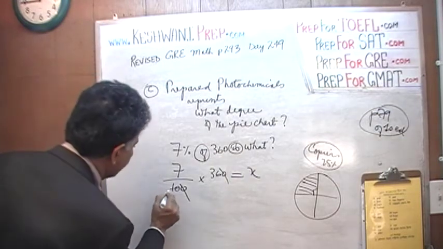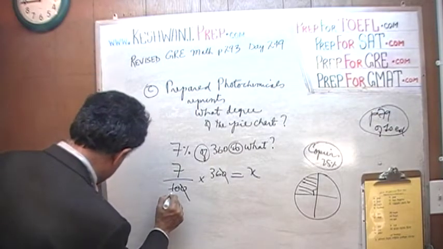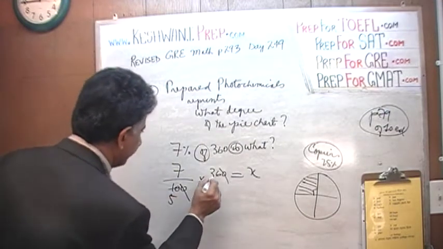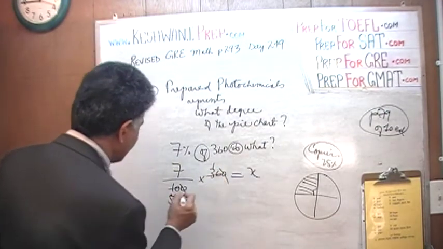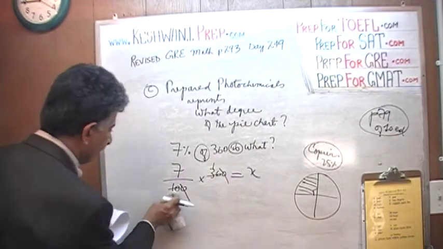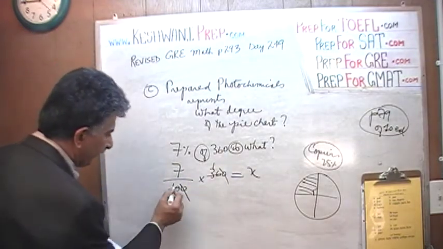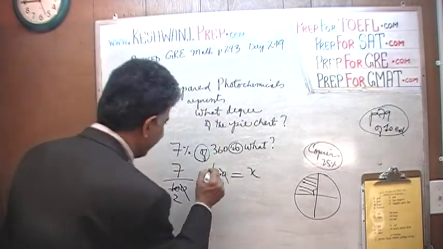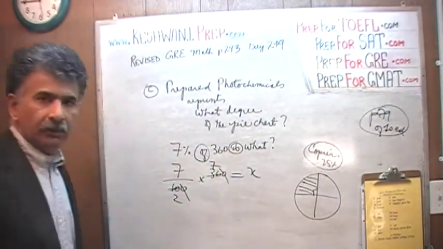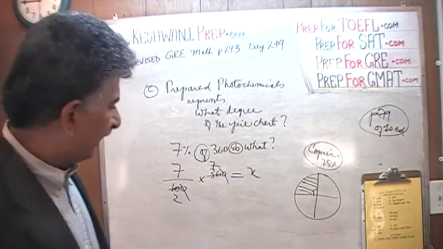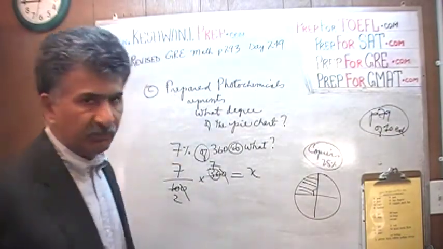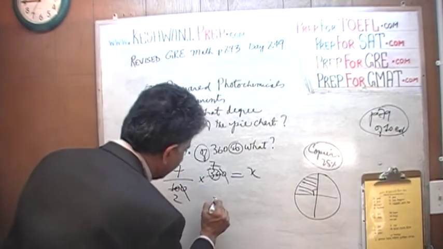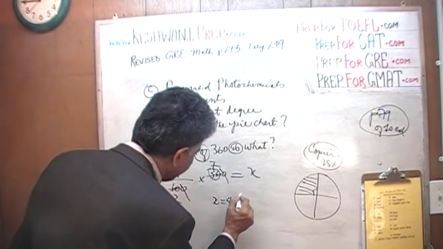Let's divide top and bottom by 5. If you divide top and bottom by 5, there are 2 5s in a 10. How many 5s in a 36? 36 has 7 5s. Even though 7 5s are 35, and this is 36, I'm taking liberties, I'm approximating. So that's it, we're done. 7 times 7 is 49, so x represents 49 degrees.